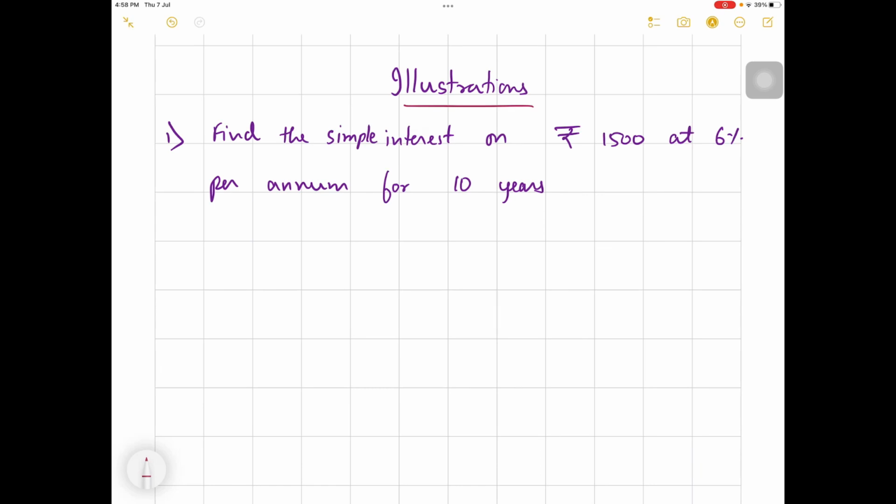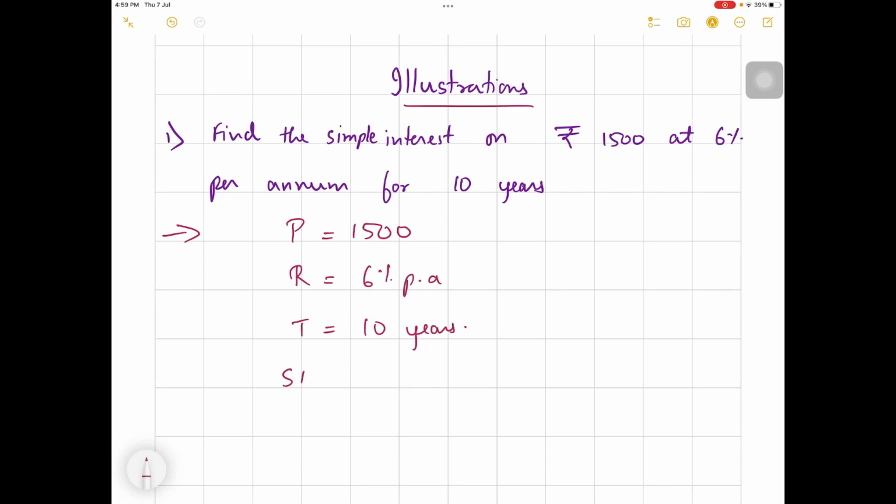Okay, so let's see the first question. Find the simple interest on rupees 1,500 at 6% per annum for 10 years. First let us write what is given. The principal amount is 1,500. Rate of interest is 6% per annum, and period is 10 years.